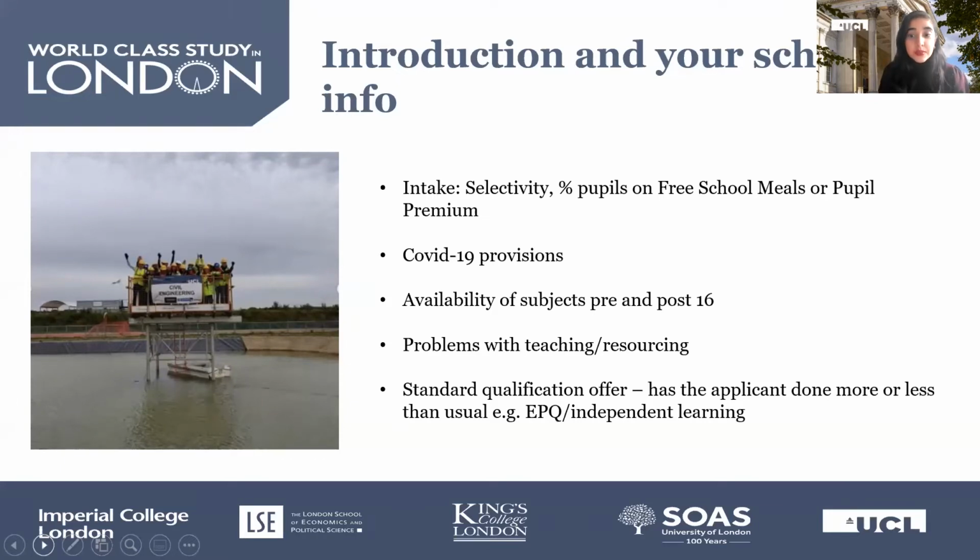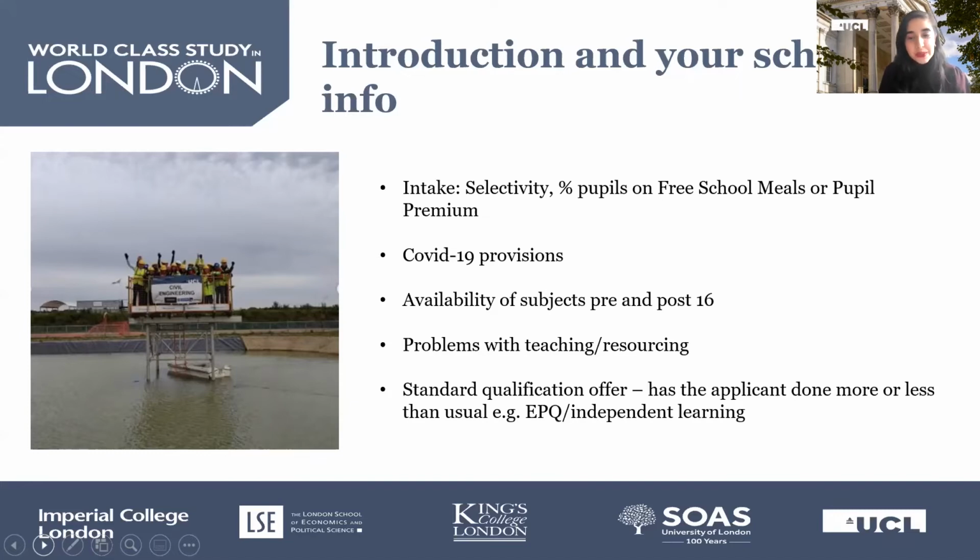Understanding the student's performance in the context of any historical data that you might have: has performance improved or dropped for certain subjects across the board in the school, but also individually for them as well? That's really important for us to know.